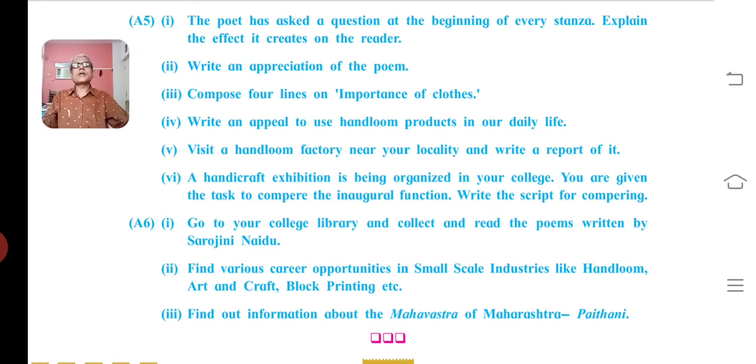And the last point of poetic appreciation, number 7, opinion about the poem. This poem is a beautiful way for the poet to salute the weavers of India. I find that the weavers are not only skillful but also talented.